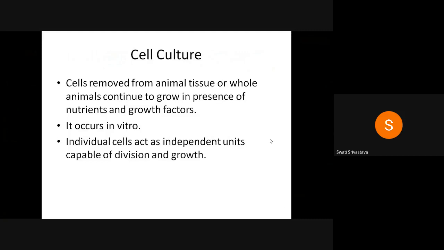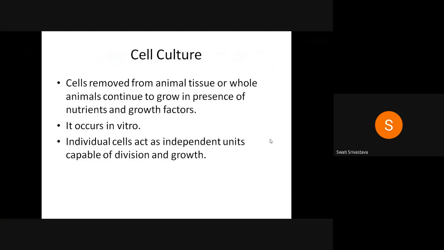So the mankind tried to reach the moon. Same way, mankind tried to culture or to make the cells live outside the body of the living system. So it always occurs in the in vitro system.